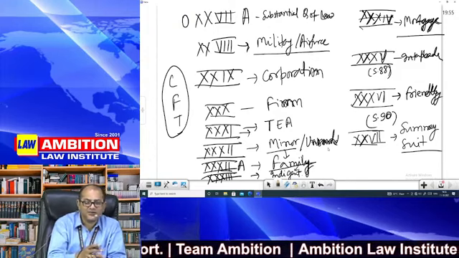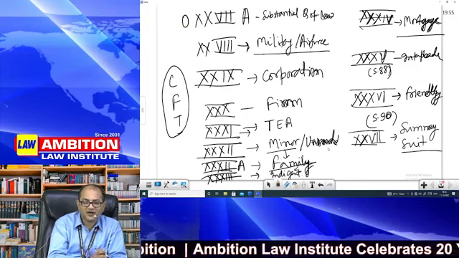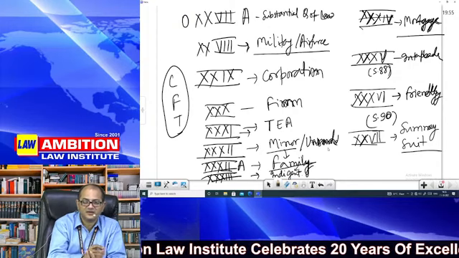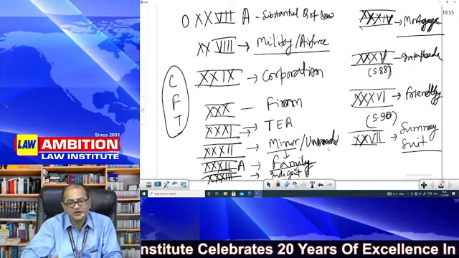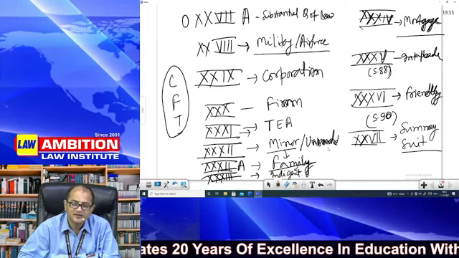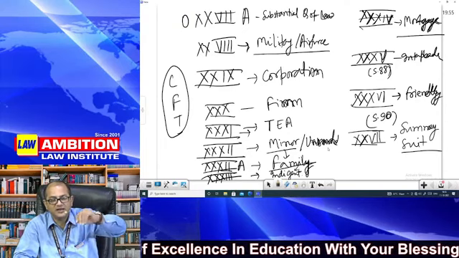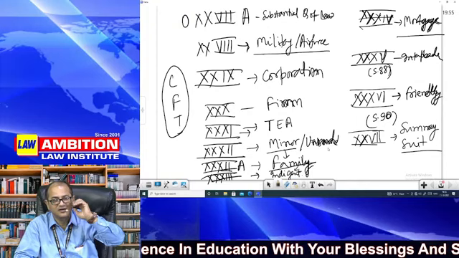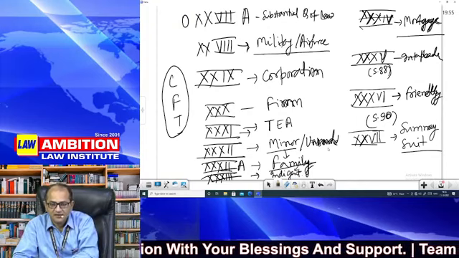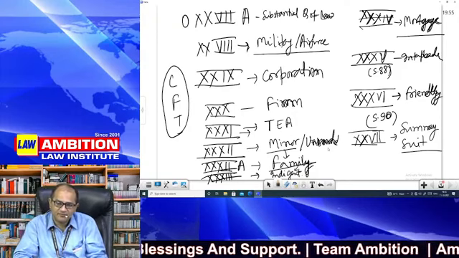The family will be of the minor later on. And after having a family, there is a possibility of becoming indigent, because he will waste so much money, wasteful expenditure. And the moment you become indigent, you will mortgage your property.